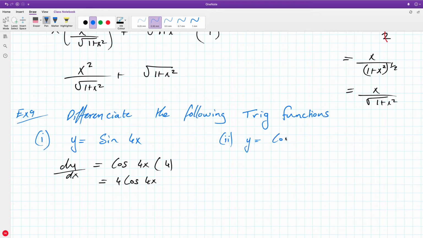y is equal to the cos squared of 2x. If you don't know your rules of trig, you could get slightly caught here.